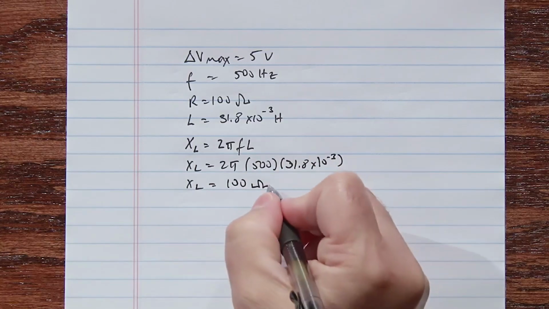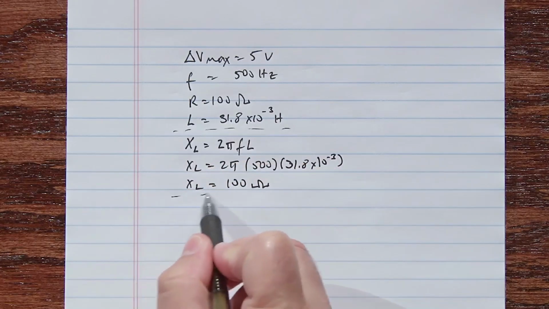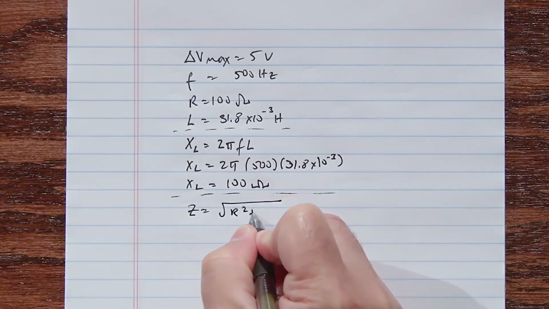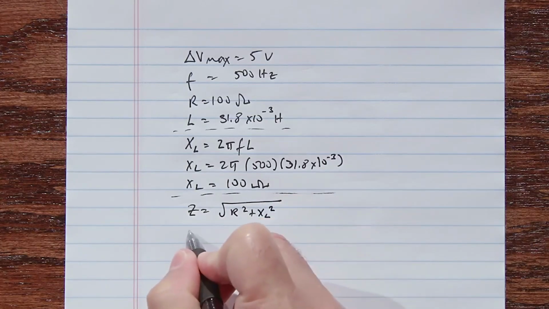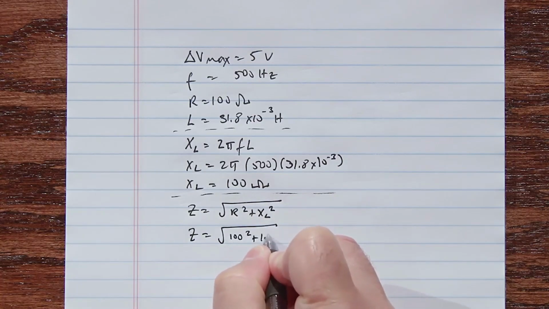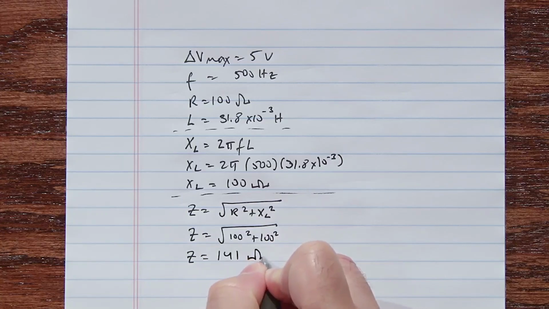So the inductive reactance is also 100 ohms. The impedance, Z, is now equal to the square root of R squared plus X sub L squared, or Z is equal to the square root of 100 squared plus 100 squared, and that is 141 ohms.